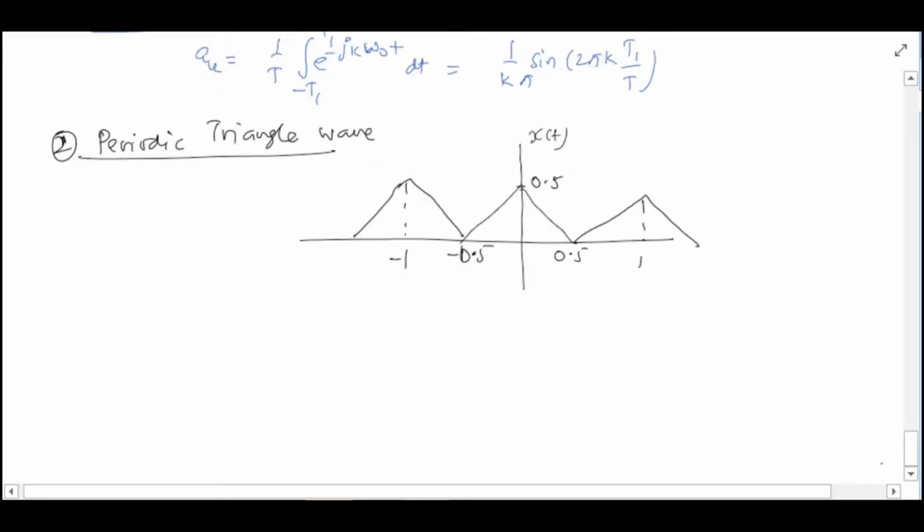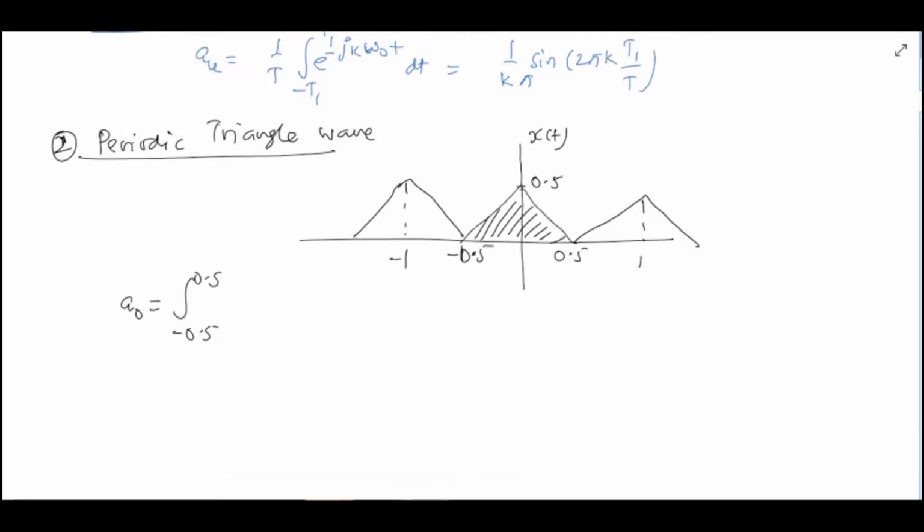Okay, we can compute the Fourier series coefficients for this wave following a similar procedure as for the square pulse above, and it turns out that, for instance, a0 will be simply the average value of this, right? So minus 0.5 to 0.5. Before I compute it, let's also see this mathematically.